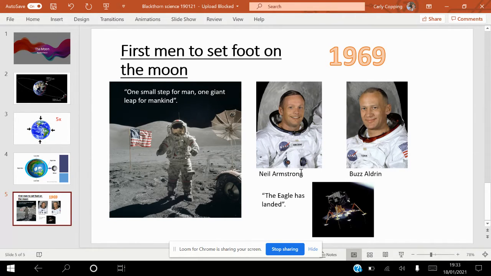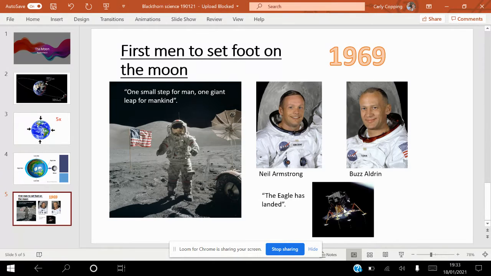There are 2 famous sayings that Neil Armstrong said during that space mission, and they're really famous now, and we use them all the time. The first one was, "The Eagle has landed." The Eagle was this lunar module here, which the astronauts got into from Apollo 11, which is the spaceship, the rocket.